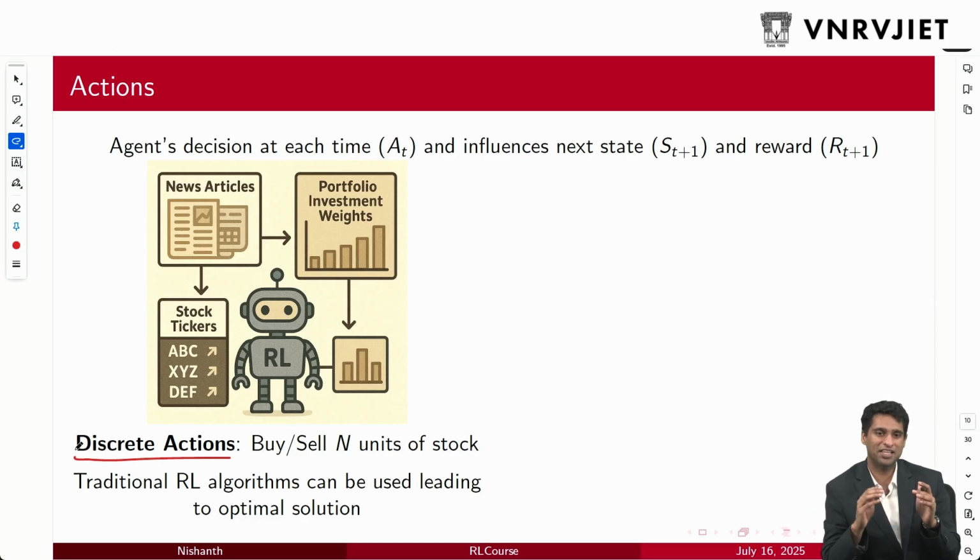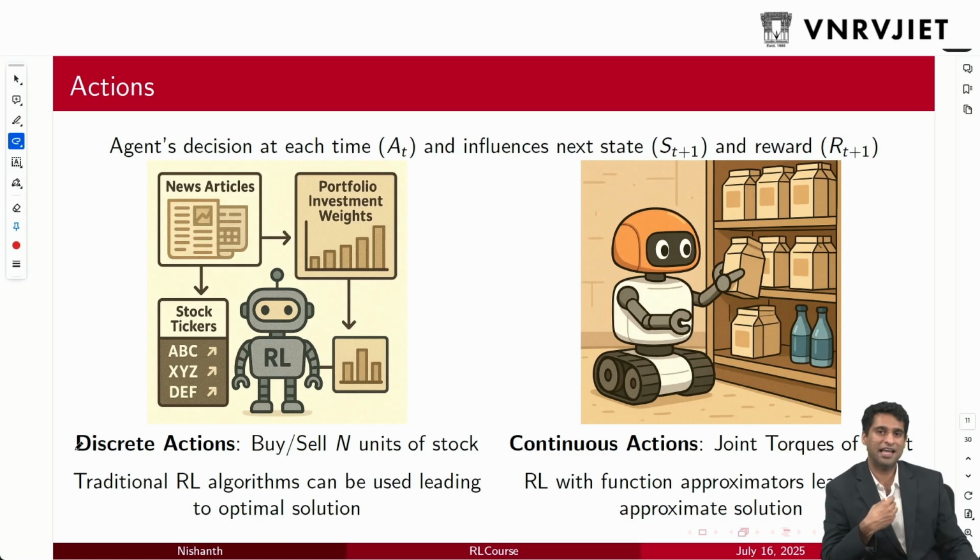So the agent always has discrete actions, such as buying 2 units, 3 units, or selling 3 units or 5 units, and so on. Whenever we have these discrete actions, it's possible to use traditional RL algorithms, especially value-based algorithms, which is the focus of this reinforcement learning course.